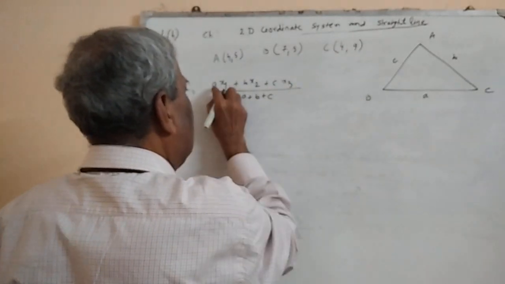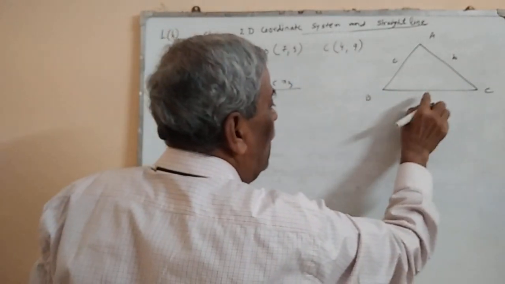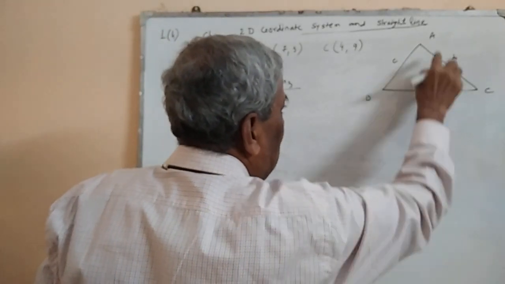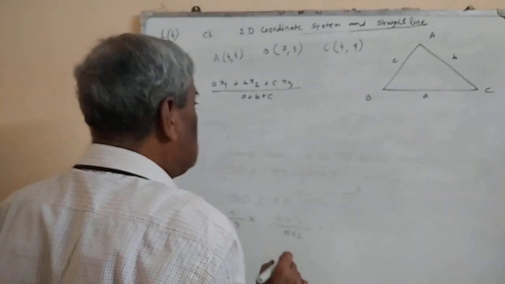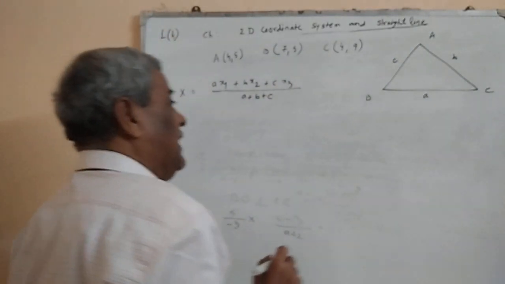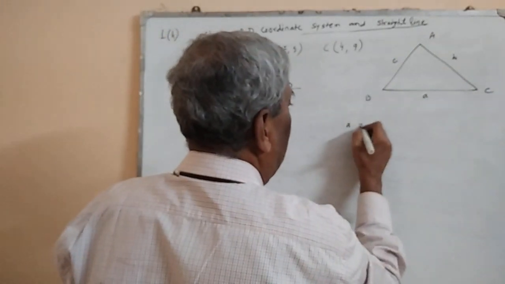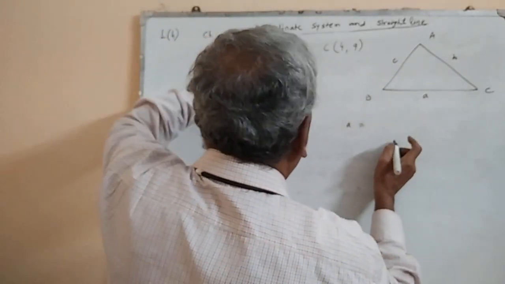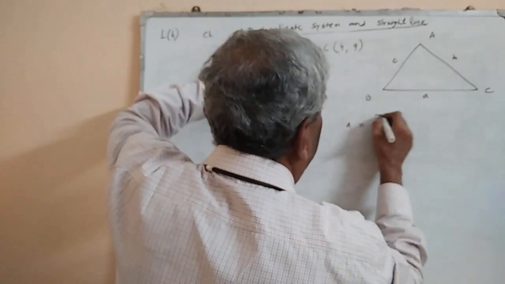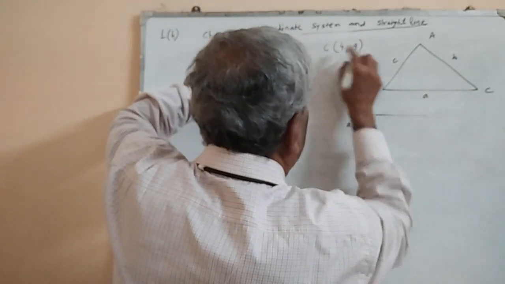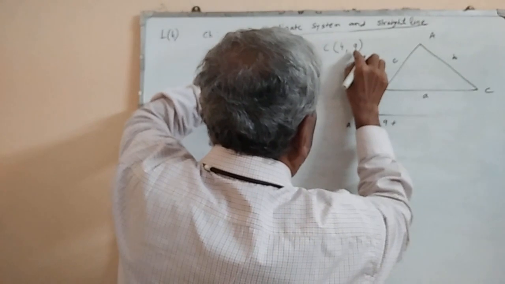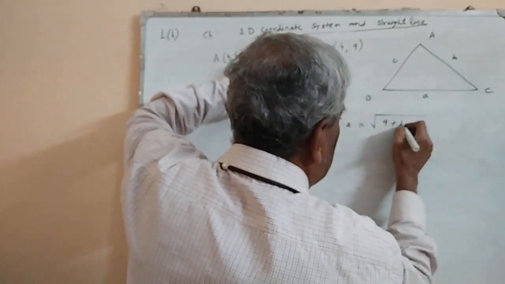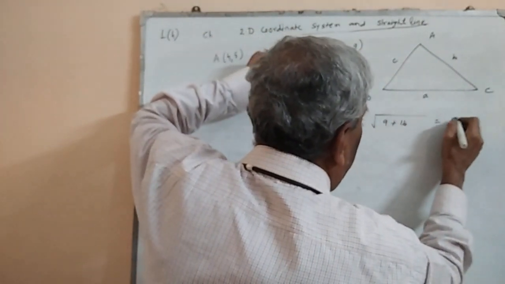And a, b, c are the lengths of the sides opposite to A, B, C. Small a, small b, small c can be calculated very easily. a is equal to the length from B to C. It is equal to root over of 3 whole square plus 4 whole square, that is 16, which is 5.